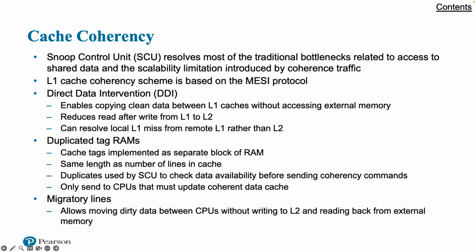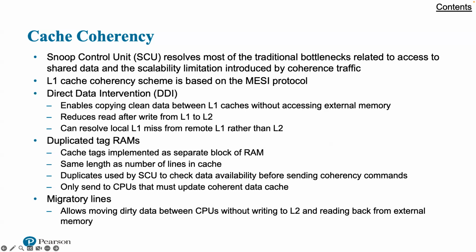Coherency commands are sent only to CPUs that may update their coherent data cache. This reduces the power consumption and performance impact from snooping into and manipulating each processor's cache on each memory update. Having tag data available locally lets the SCU limit cache manipulations to processors that have cache lines in common.